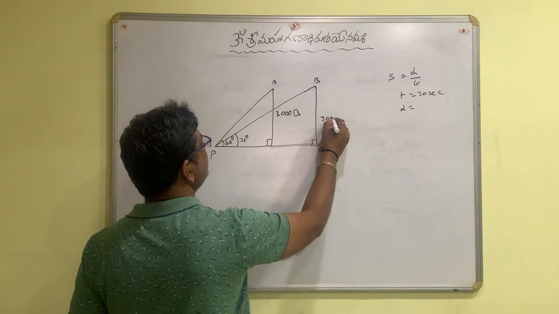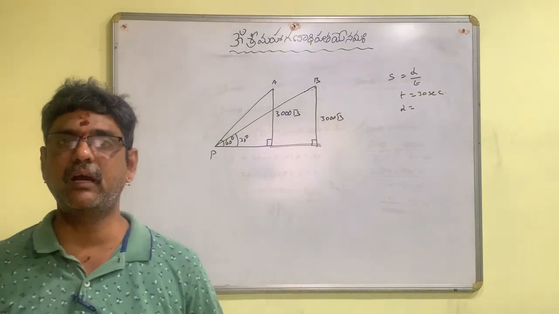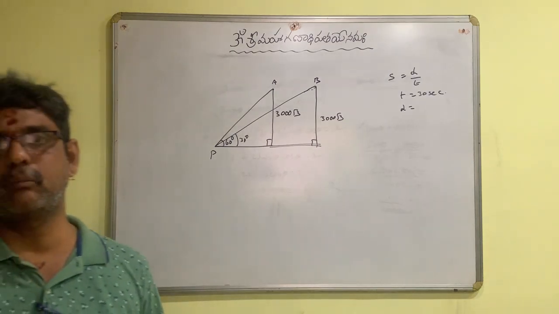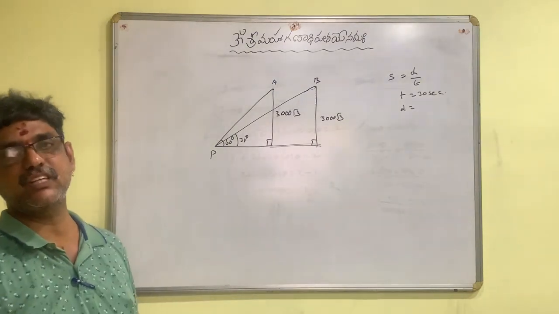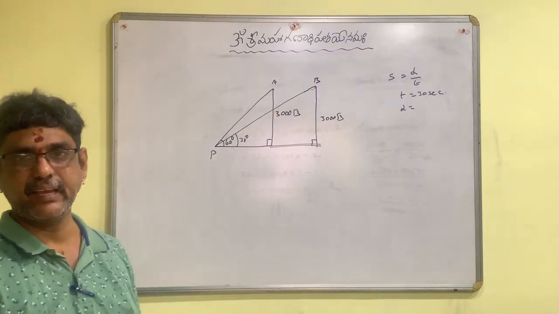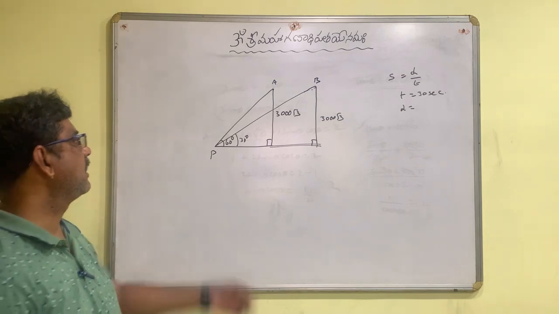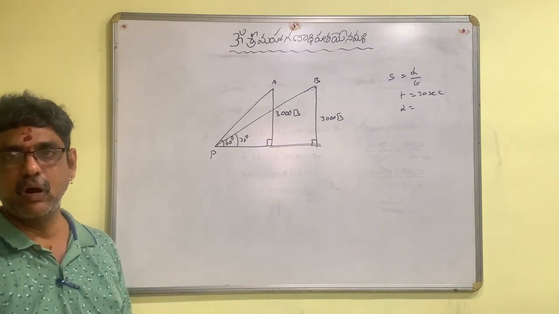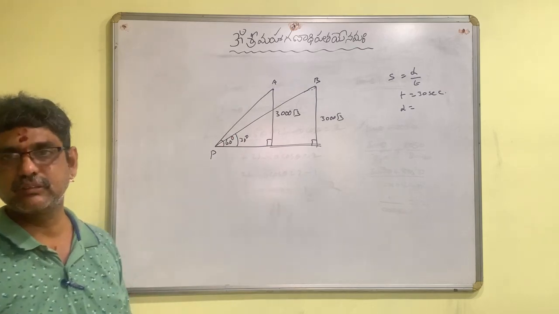But height is constant. The aeroplane is maintaining a constant height. Baga ardham cheskondi. Kindly understand properly. Initially the aeroplane is at A. And from a point P on the ground, the angle of elevation of the aeroplane is 60 degrees.